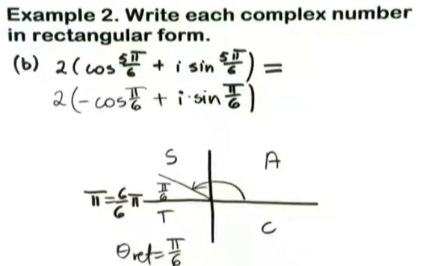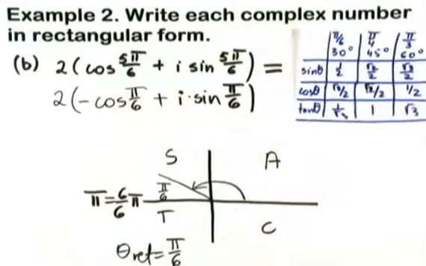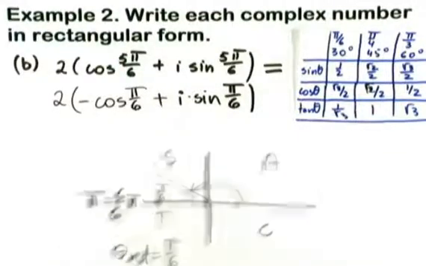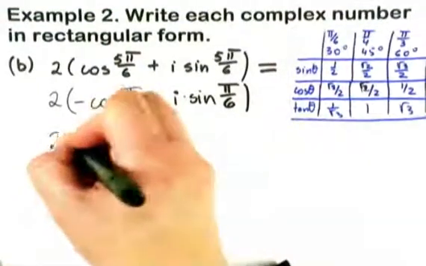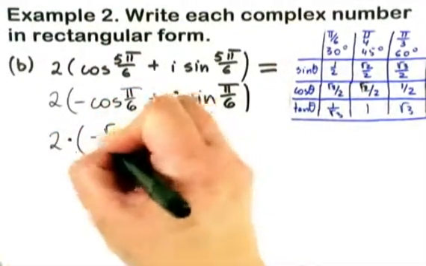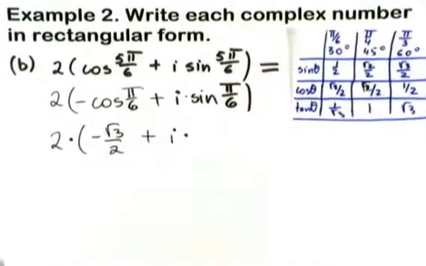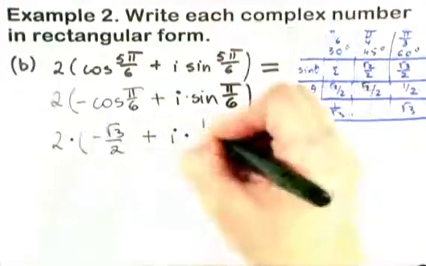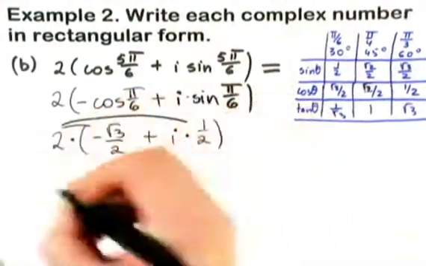And now I'm using my chart: cos pi over 6 is root 3 over 2. So we have 2 times minus root 3 over 2 plus i times, sine pi over 6 is 1/2. We can distribute the 2.